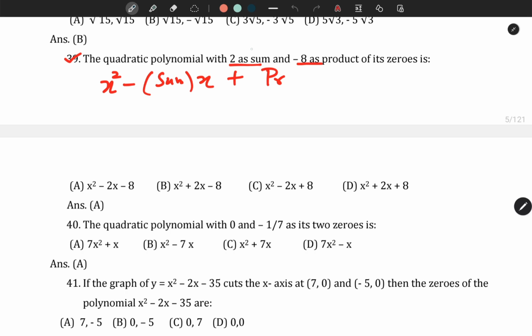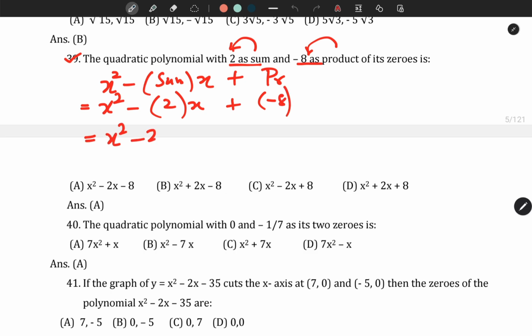Now here, since the sum is 2, we'll just put 2 in place of sum, and product is minus 8, so in place of product we'll put minus 8. So we'll get x square minus 2x plus into minus is minus 8. So the correct option is A, x square minus 2x minus 8.